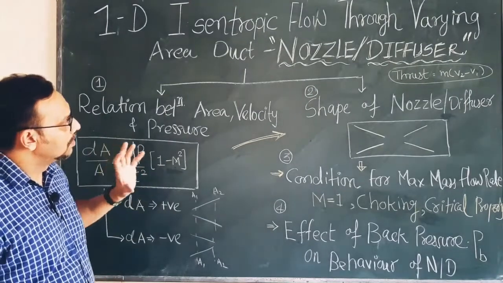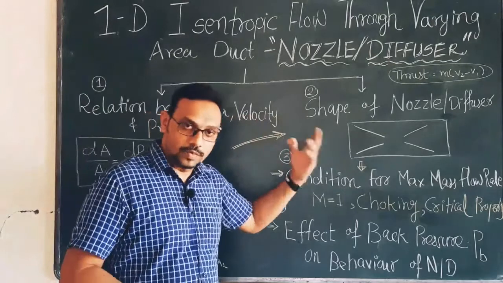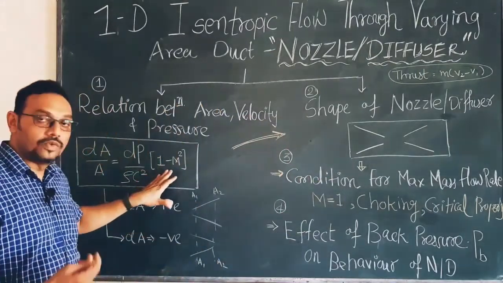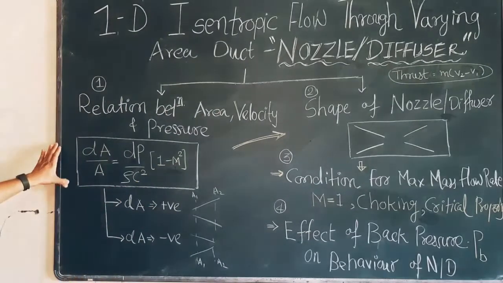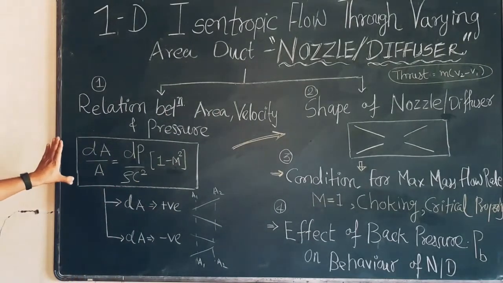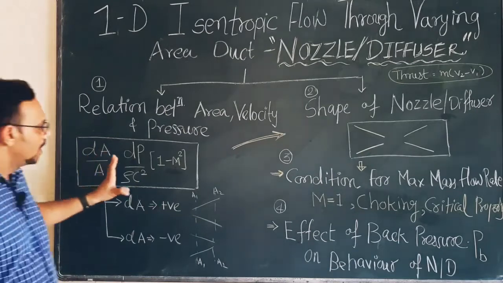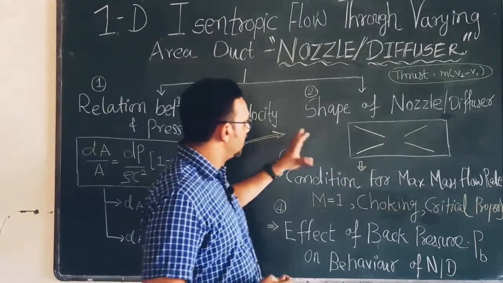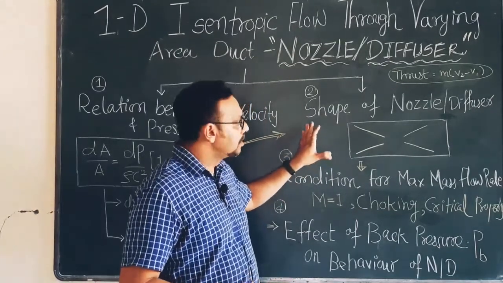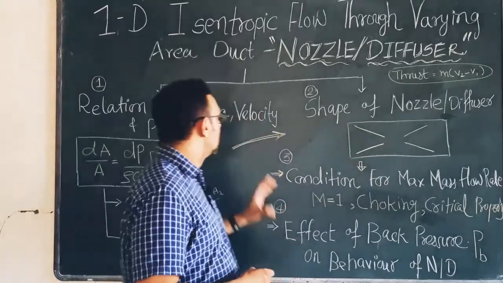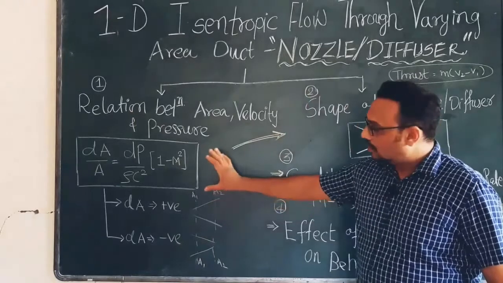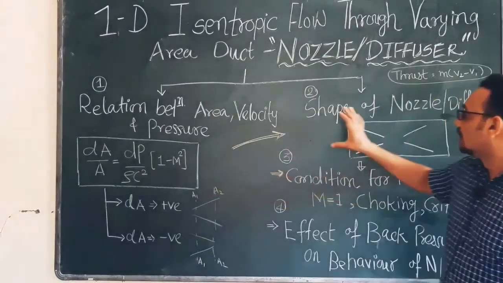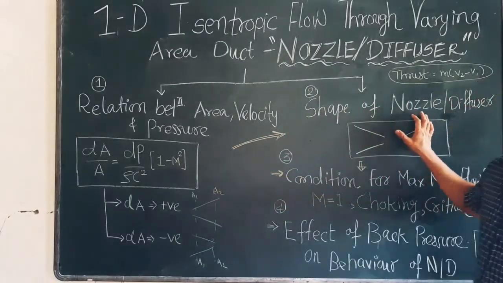How the nozzle and diffuser respond to sonic, subsonic and supersonic flow, we can understand from this theory. This theory is very important in order to decide or design the shape of nozzle and diffuser. Our second theory is related to the first theory. From the first theory, we can design the shape of nozzle and diffuser.